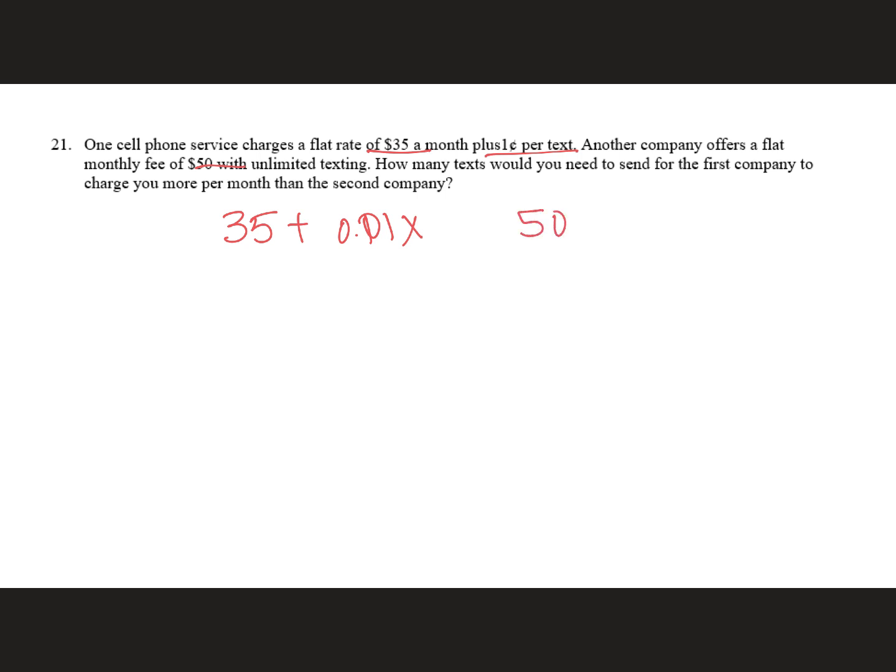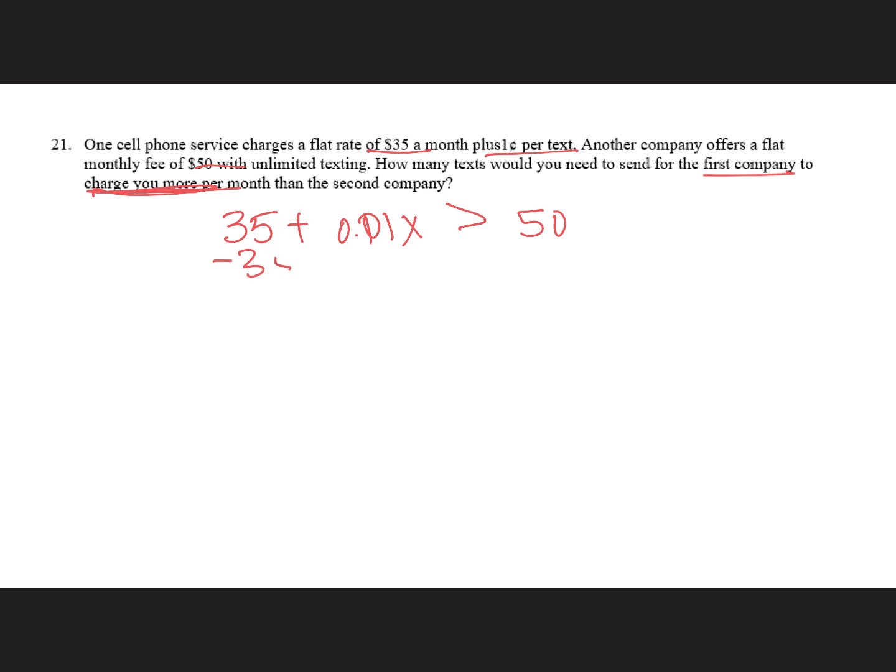And what it's saying is how many texts would you need to send for the first company to charge you more than the second? How many texts do you need to send for 35 plus 1 cent times X to be more than the other? So this is the problem we're going to solve. 35 plus 0.01X is greater than 50.